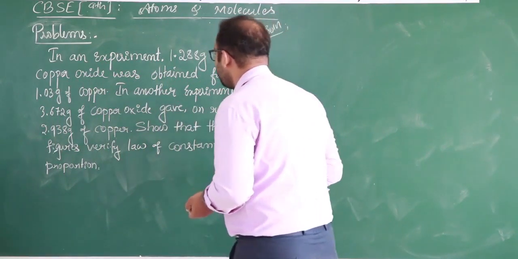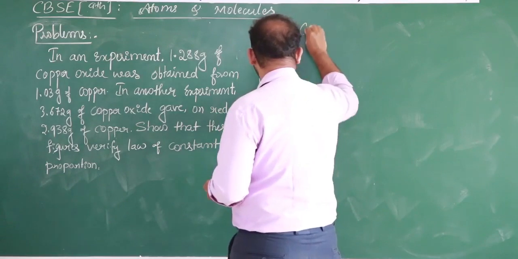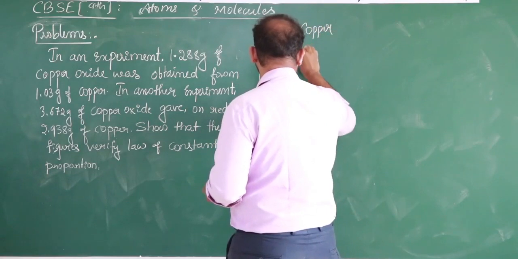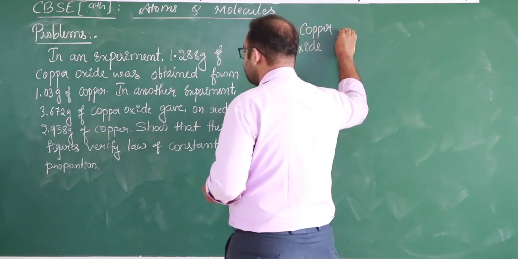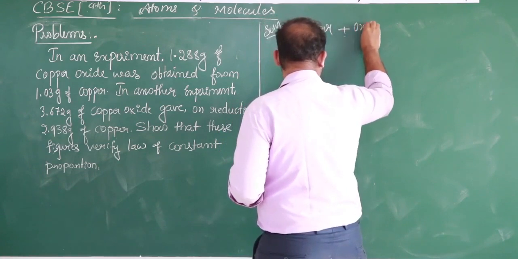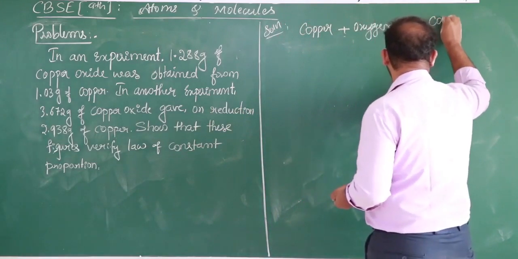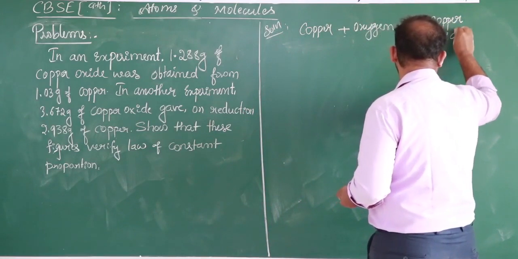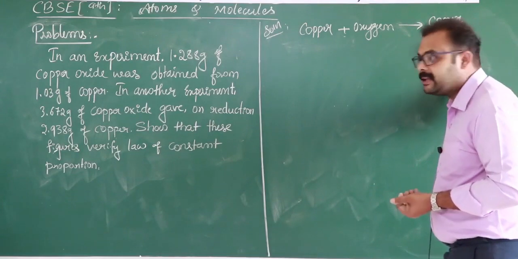Say for example, copper and oxygen form copper oxide. I will show one problem, and the remaining problem we can solve.